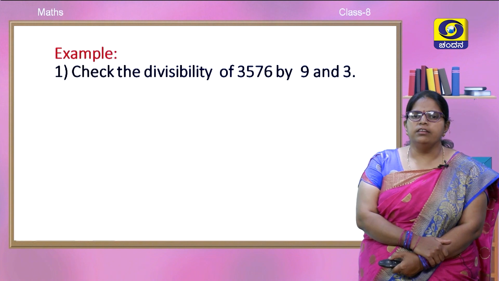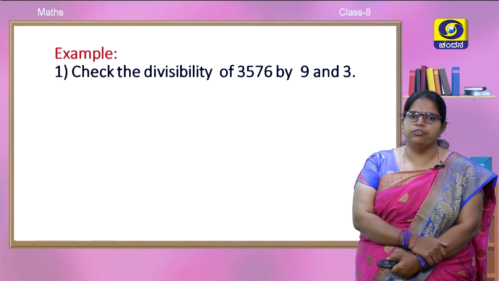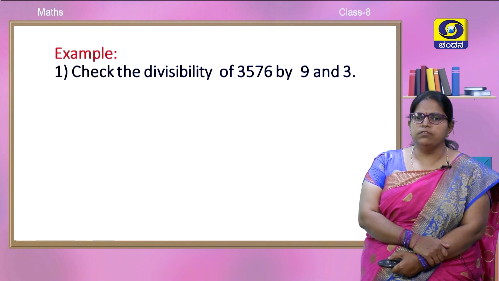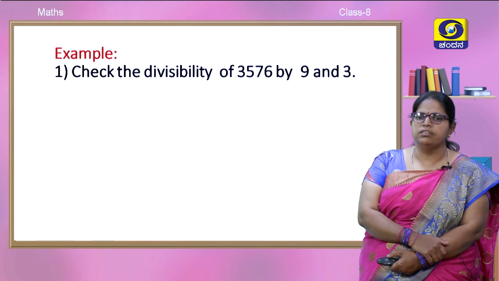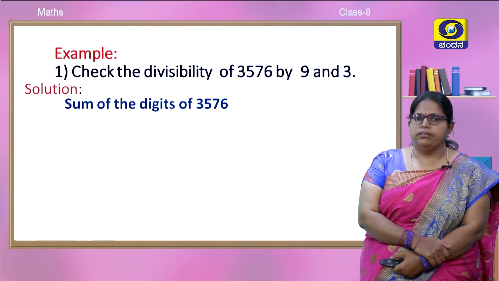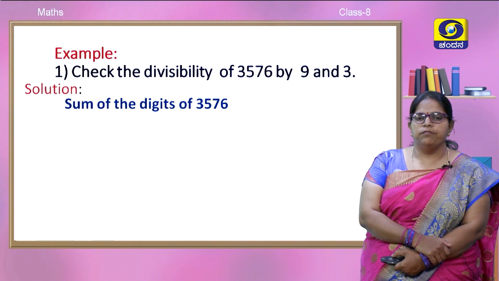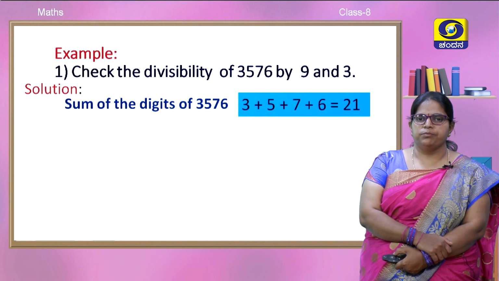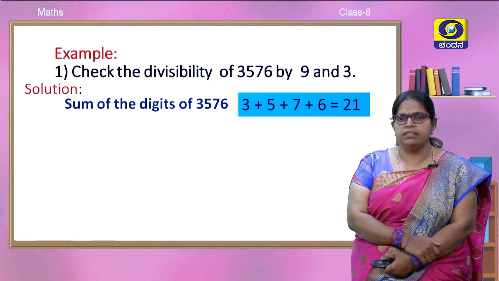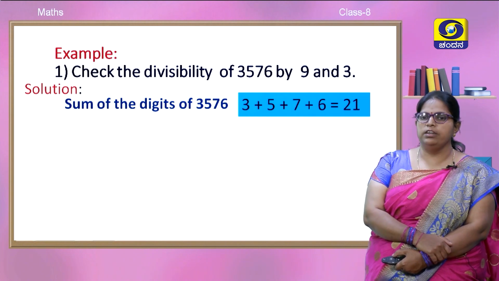Children, let us solve a problem based on the same. Check the divisibility of 3576 by 9 and 3. First, take the number, find the sum of the digits. 3 plus 5 plus 7 plus 6 is equal to 21.